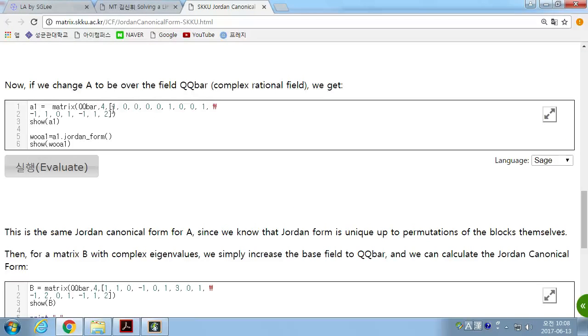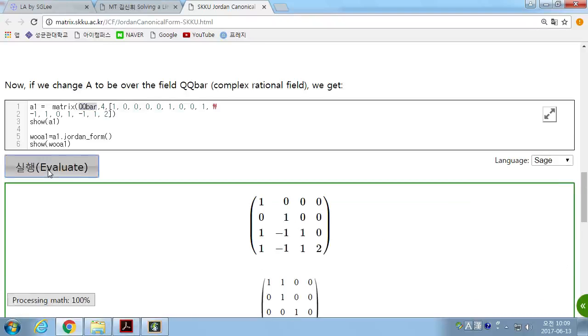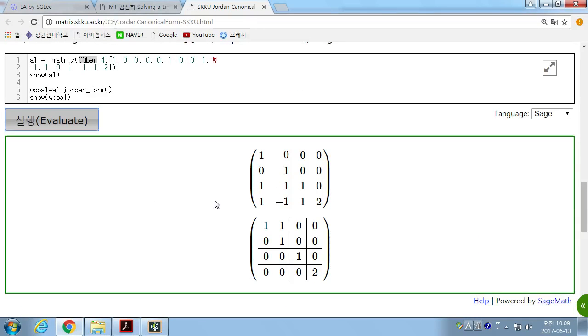Next, if we want to work over the complex field, when we have complex eigenvalues, then we need to define our underlying field as the complex field. In that case, we do the computation.